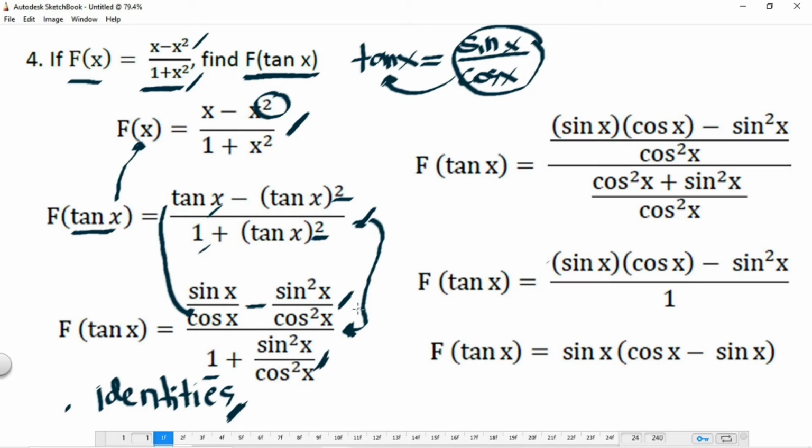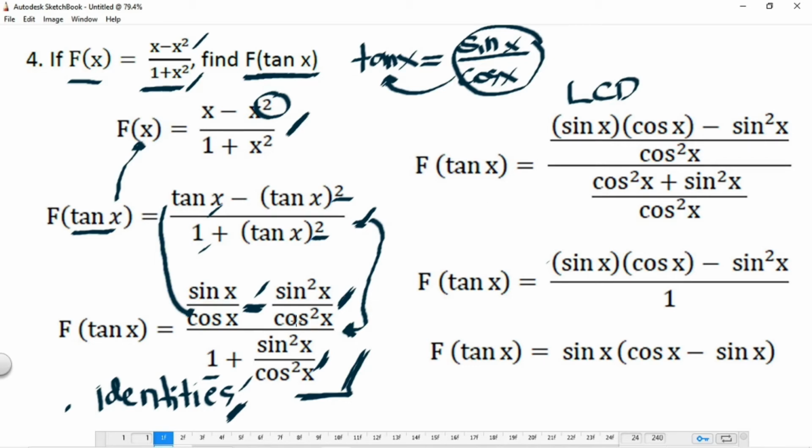Then, the same process, we must simplify this one. In order to simplify this one, we just have to perform the operations for your numerator and then your main denominator. For our main numerator, we treat them as fractions. Technically, they are really fractions. For fractions involving addition and subtraction, we must find the LCD or the least common denominator.